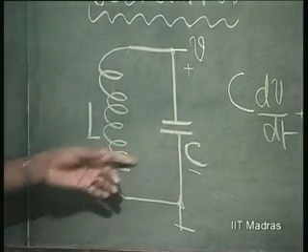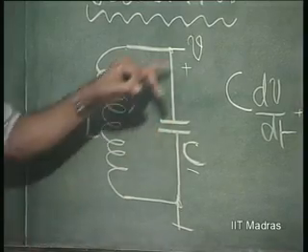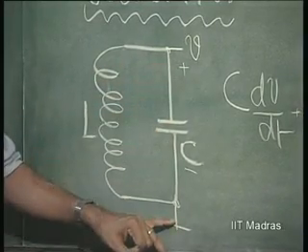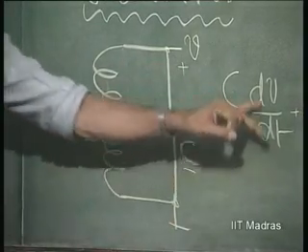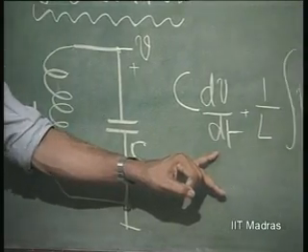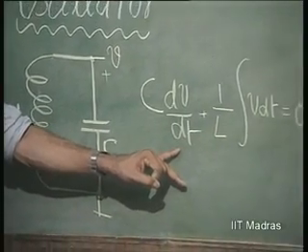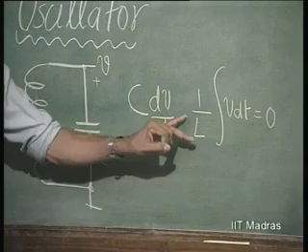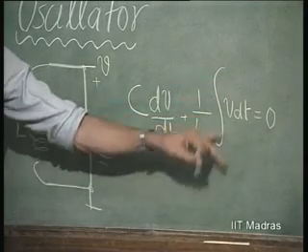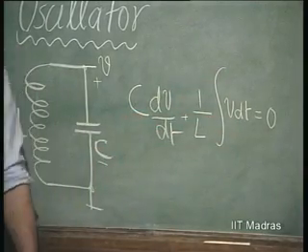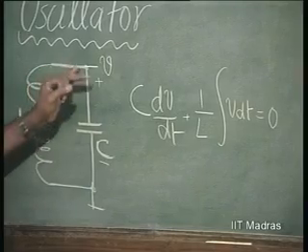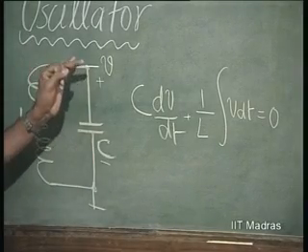How do we obtain this solution? It is very simple. If L and C are connected like this and V is the voltage here, node voltage, then C dV by dt is the current in the circuit, which is also the same as minus 1 over L integral V dt. So current entering and current leaving.